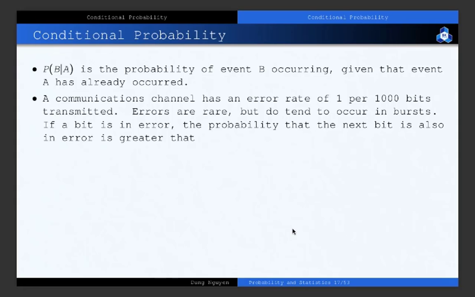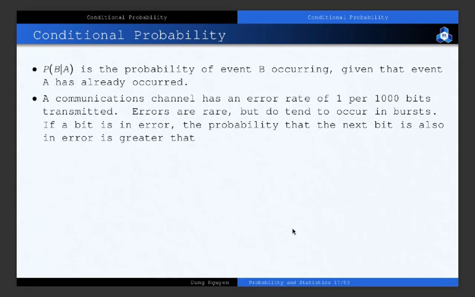If a bit is in error, the probability that the next bit is also in error is greater than that. Another example. Suppose that A is the event that you pass the course, and B is the event that your GPA is high. Okay, so if I pick a student at random, based on the historical data, I get that the probability a student passed the course is 70%.